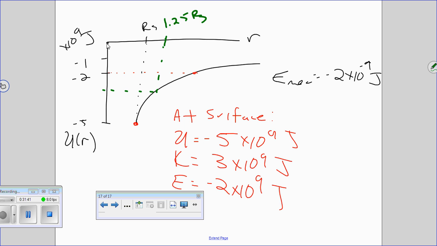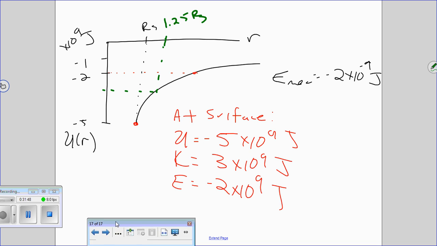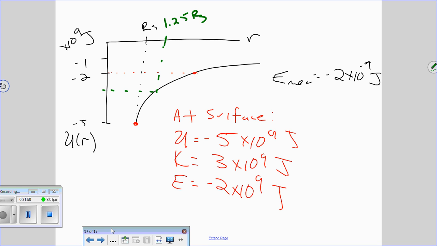Do I agree with that? Yes, I do. Because if you look, there are 4 little boxes before RS, so each little box is a quarter of RS. Does that make sense? Good question.